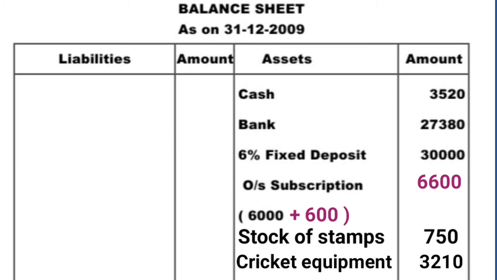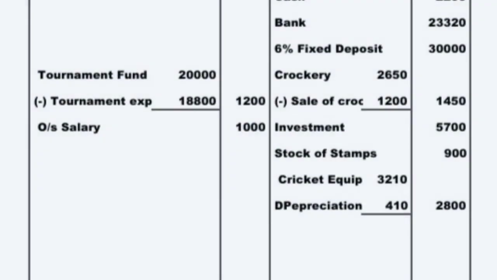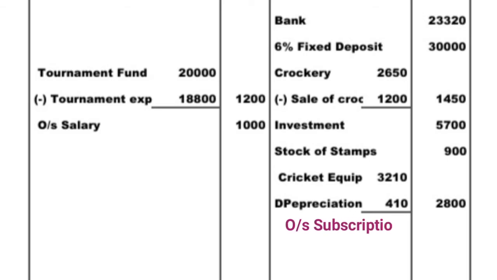So this 600 rupees we need to carry forward to the next year. So we will write here in this current year balance sheet, outstanding subscription last year 600. If any current year outstanding is there, that also we need to show in this current year balance sheet.